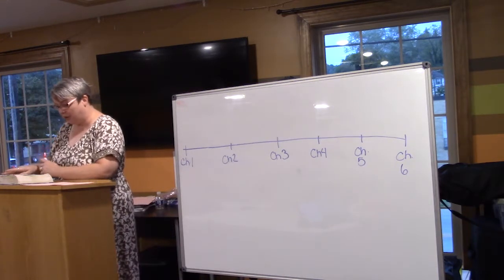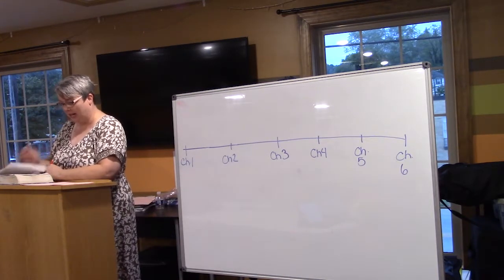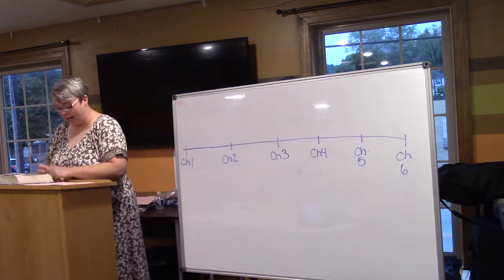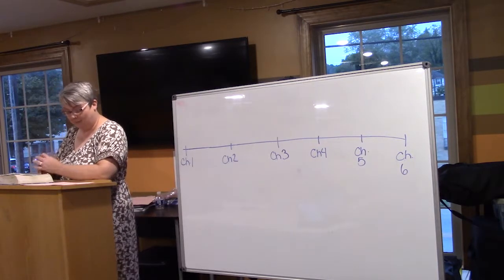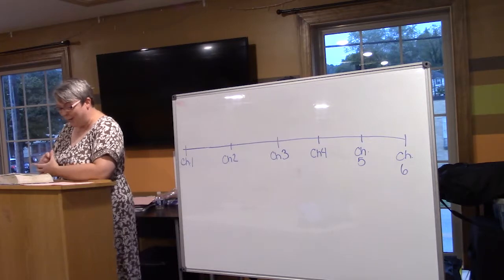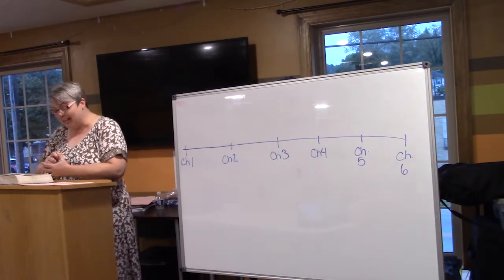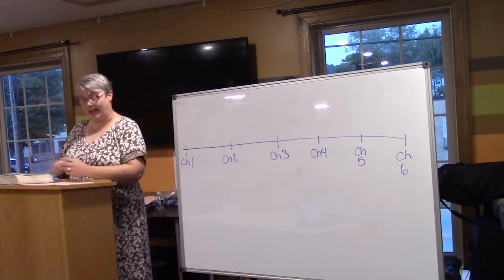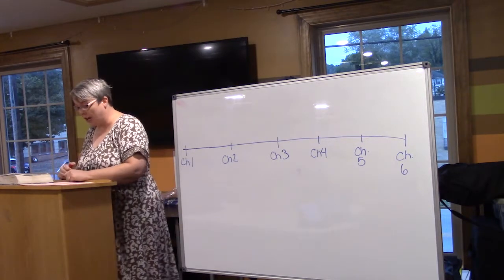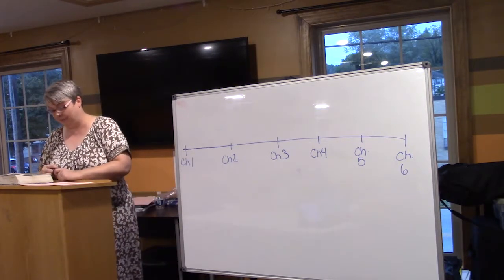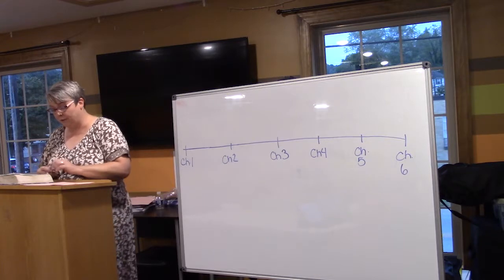So, in chapter 7, where are we? Babylon. Of course we're in Babylon, but who is reigning right now? Belshazzar. And how long had he been reigning? This was in his first year.